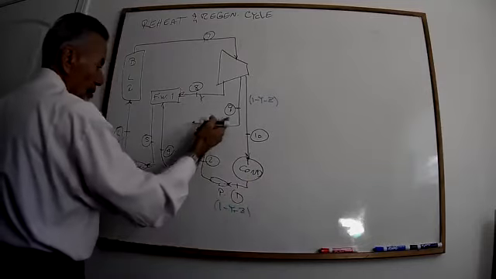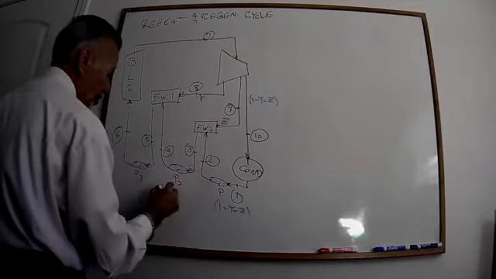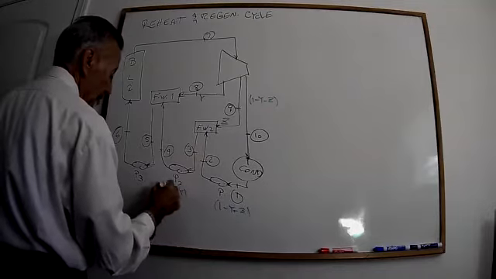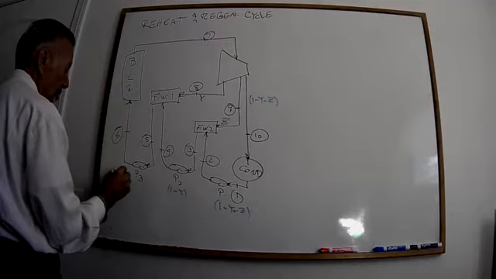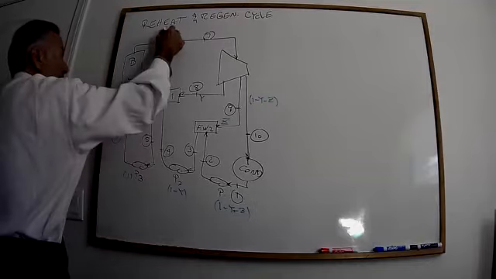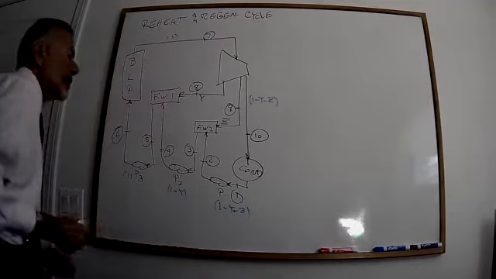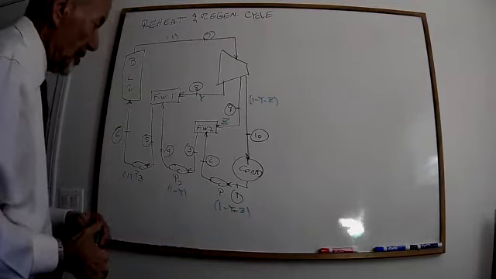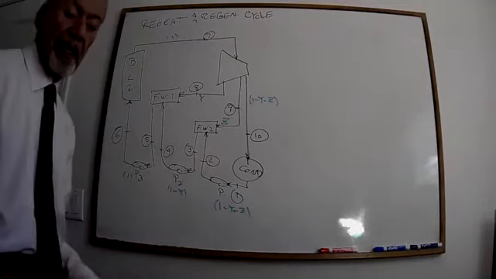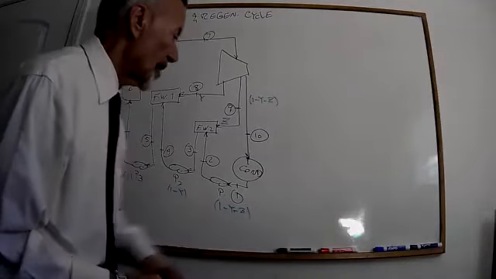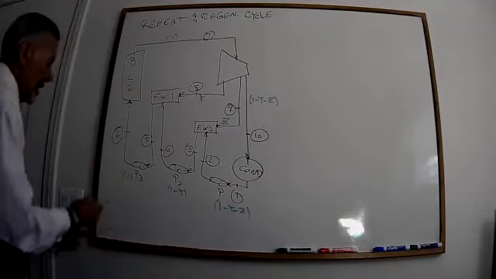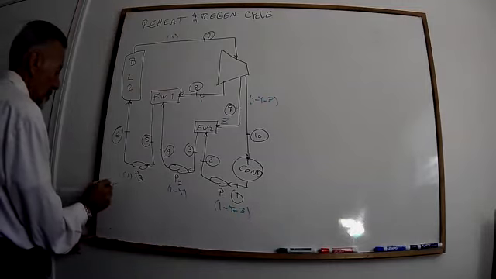Then it will get mixed with z, becomes 1 minus y. And then it gets mixed with y, becomes 1 unit and 1 unit. So you do that first when you see this. That makes it easier for you to determine the energy balance equation.